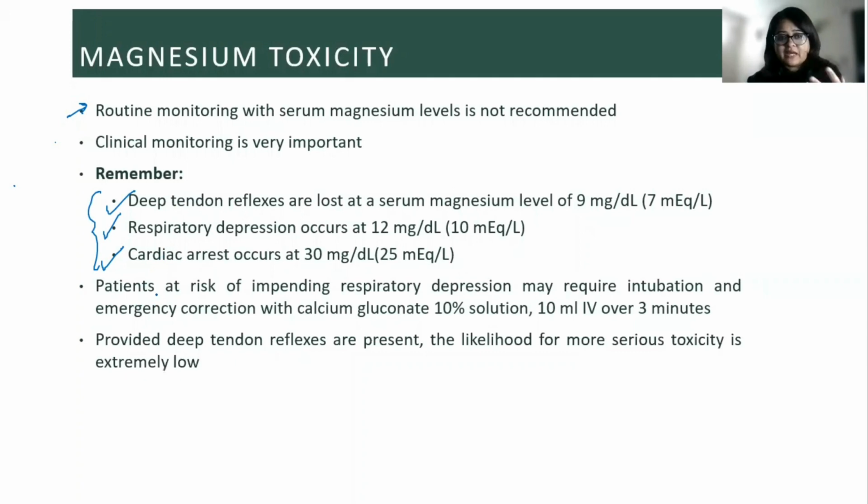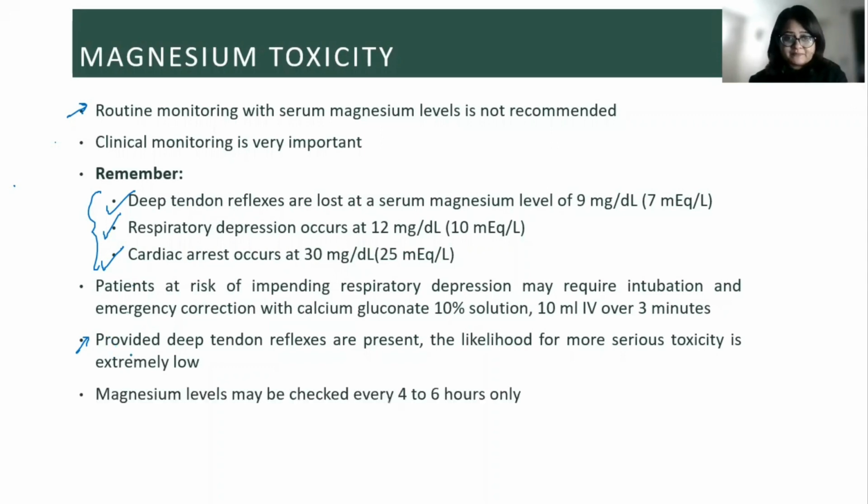Okay, so that's why clinical monitoring is very important, provided that the DTRs are the first to go. So if DTRs are still there, then the likelihood that she's going into serious toxicity like respiratory depression is very less. So that's why your clinical monitoring is very, very important. DTRs, you have to check every 4th hourly, because if DTRs are present, the chance that she has severe toxicity is much, much less.